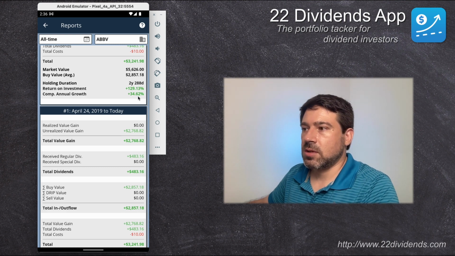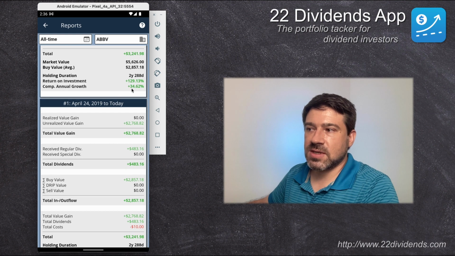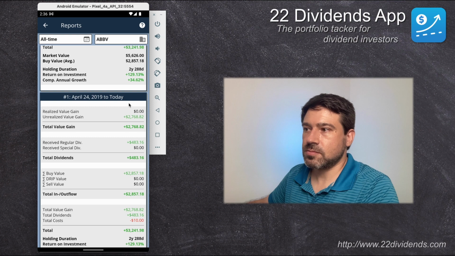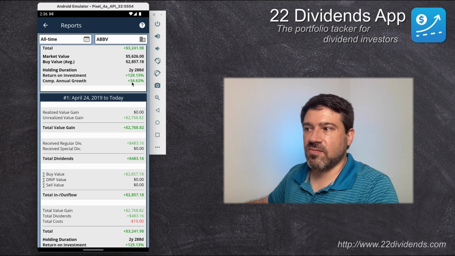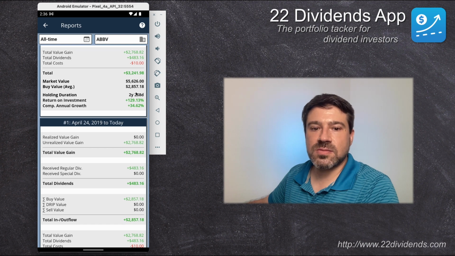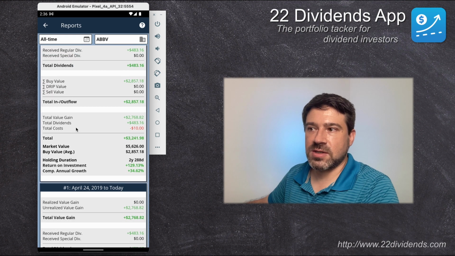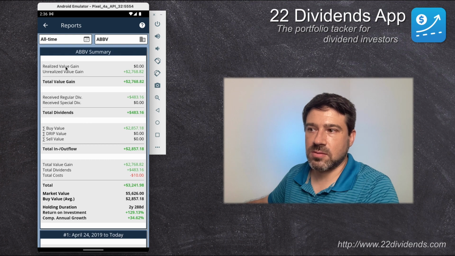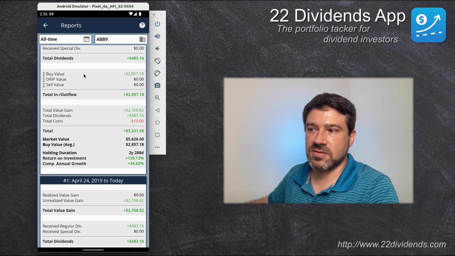And the compound annual growth rate in this case is 34%. Meaning since we opened this position, we had an annual growth rate of 34% for the entire position. So value gain and also the dividends.